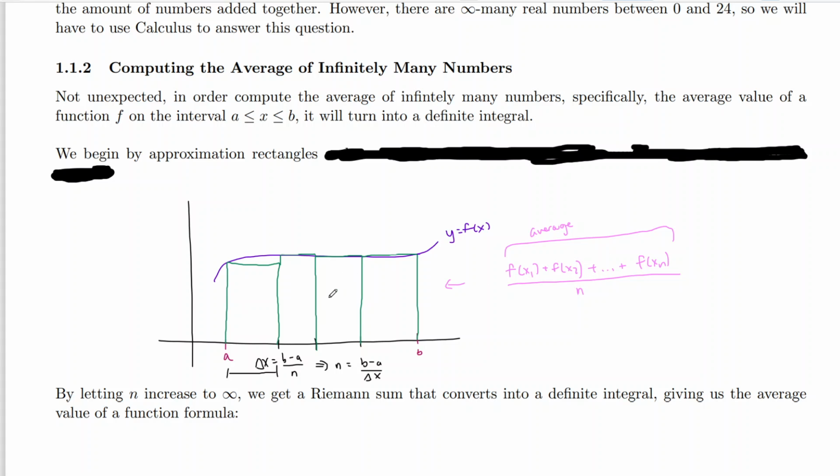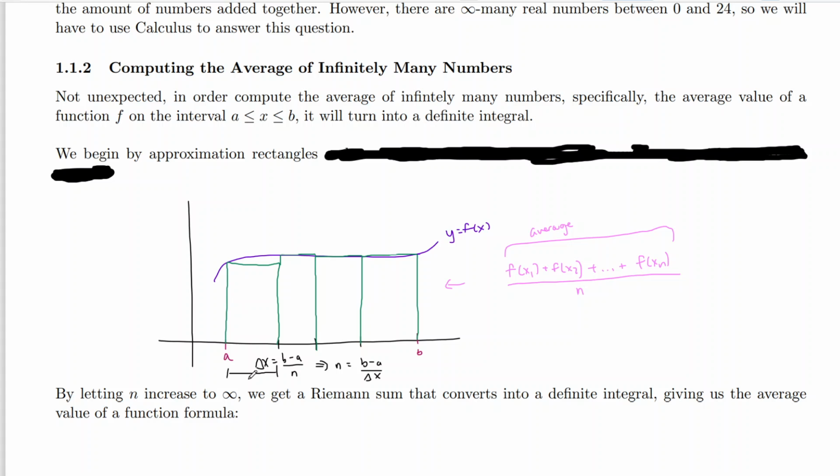But we're not interested in the area necessarily in this problem because we're not interested in, what is the total area? What do we add up? We want to know what the average is. The idea is to replace our typical b minus a over n with something else.